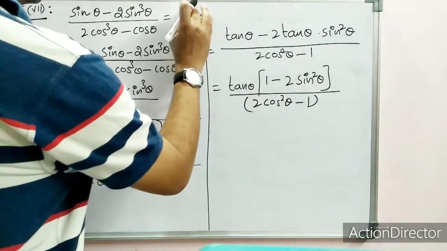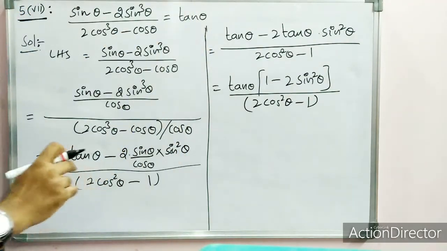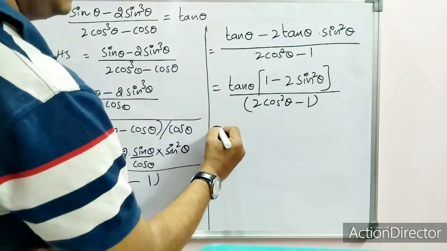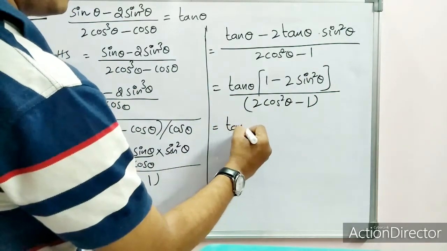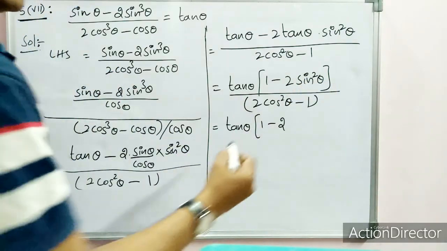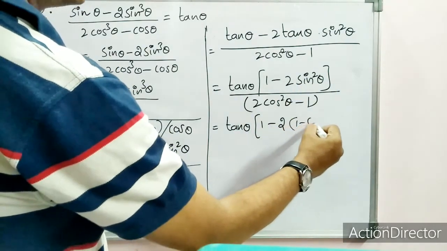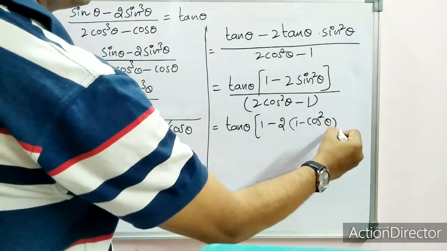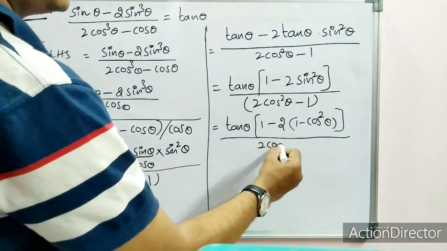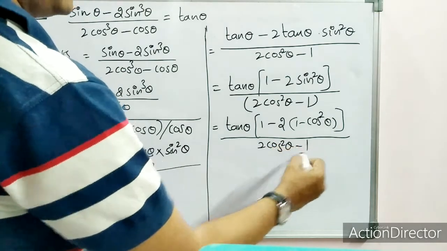In the answer we have tan theta. These two must be equal. You convert sine into cos. Therefore tan theta times 1 minus 2 sine square, I can write sine square as 1 minus cos square theta, that is from the first identity. Now the denominator there is no change, 2 cos square theta minus 1.